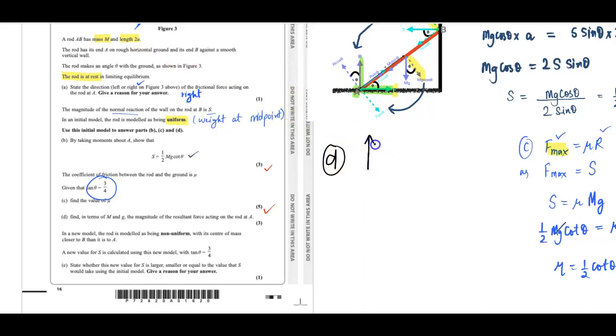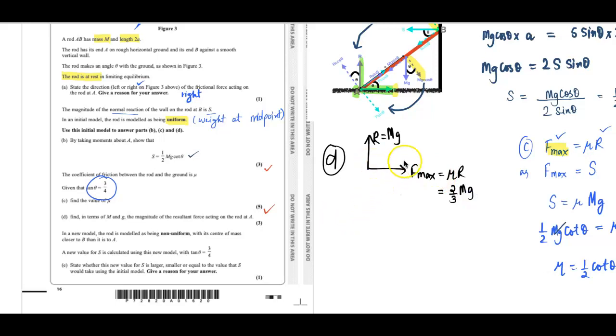This is R and that is your F max. Actually, F max is nothing but mu R and R is capital Mg. Mu was 2/3.